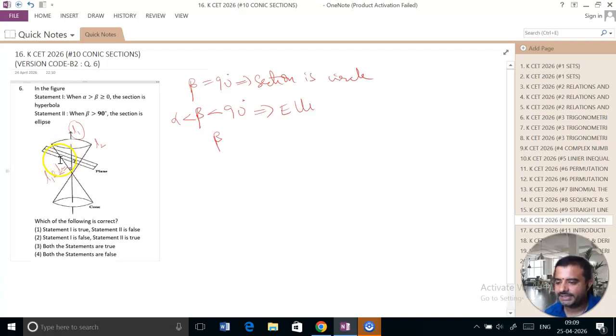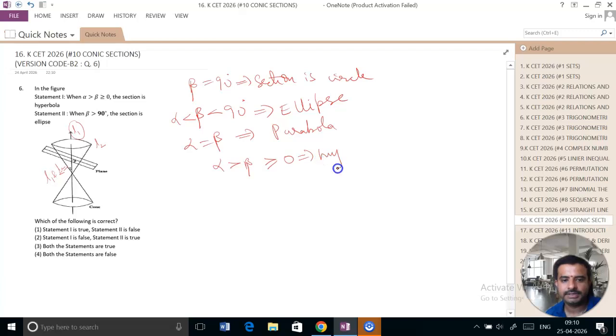The section is ellipse. When alpha is equal to beta, the section is parabola. When alpha is greater than beta, and this is greater than or equal to 0 degree, the section is hyperbola.